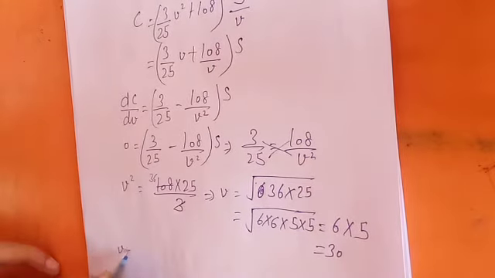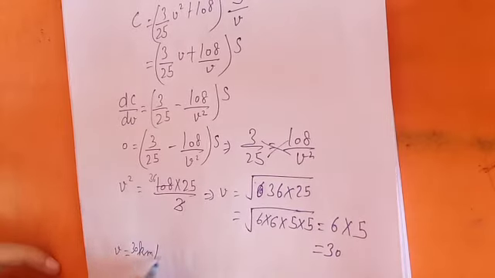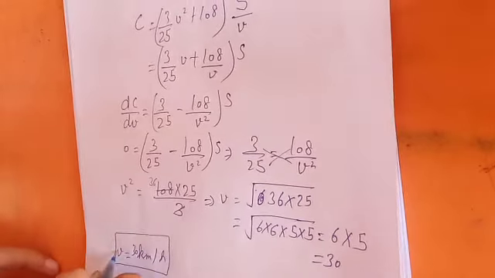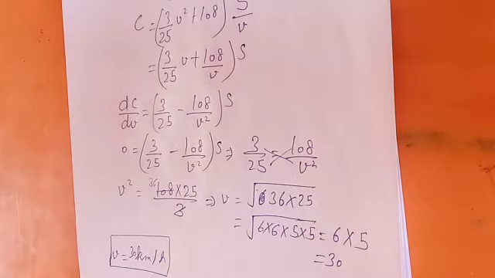Means value of v will be 30 kilometer per hour. Means that will be the most economical speed at which our cost will be minimum.